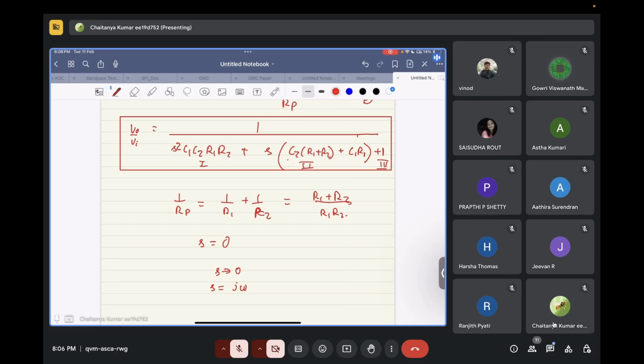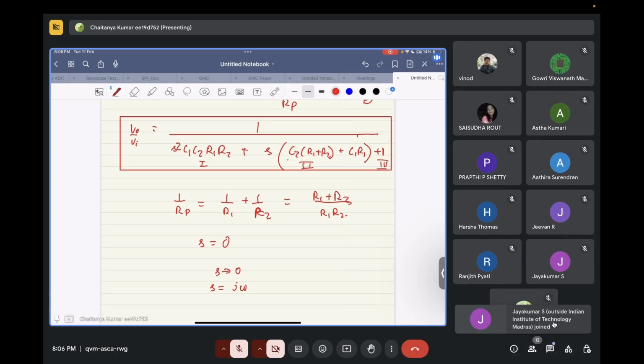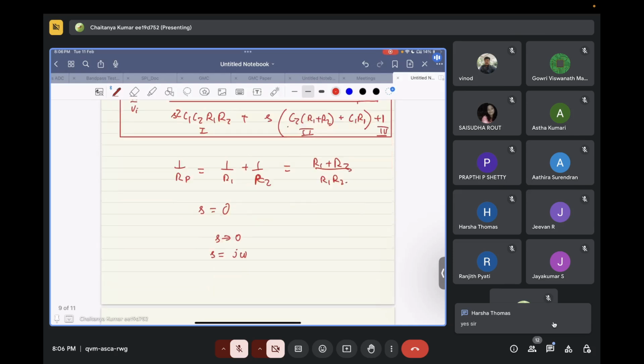For very small quantities, higher orders are smaller than the lower orders, right? For example, the square of 0.5 is 0.25, which is smaller than 0.5, correct? So the s square term will be smaller than the s term. Okay, so 1 can be neglected.